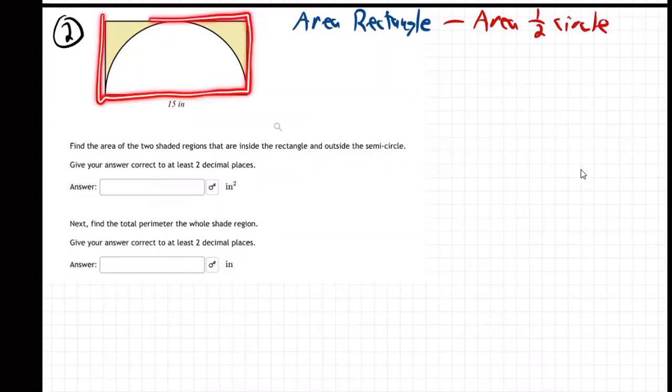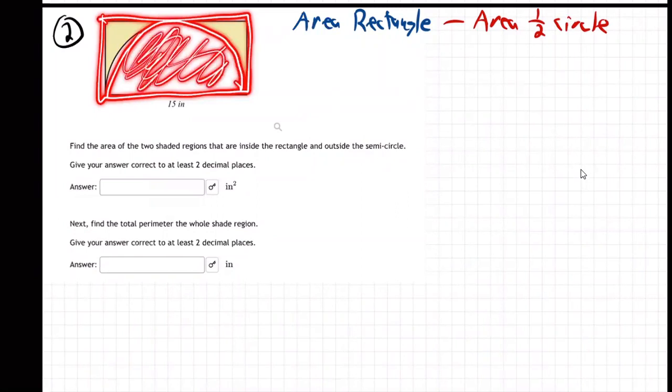If you take the hole out of the donut, you subtract the half a circle out of the middle, what will be left is the two shaded regions, which is what they're asking for.